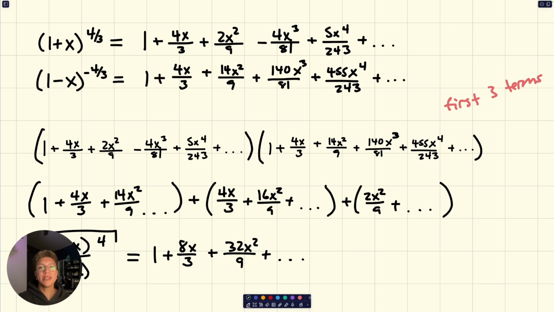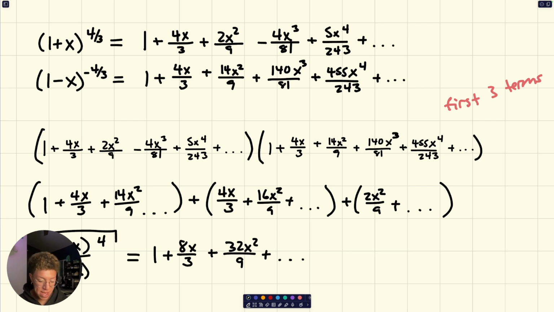All right, let's double check that through Wolfram Alpha, make sure we didn't miss anything. So, let's see. 1 plus x, 1 plus x to the fourth power. Oh, we'll do that instead. 1 minus x.